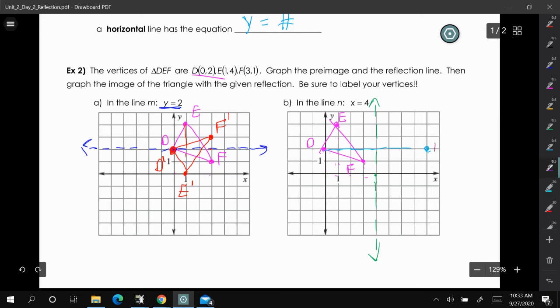So that is D prime. For letter E, I'm 3 units away. So count 3 units on the other side. That is E prime. F is 1 unit away, so we go 1 unit on the other side. We have F prime. So that is our reflected image over the line x equals positive 4.